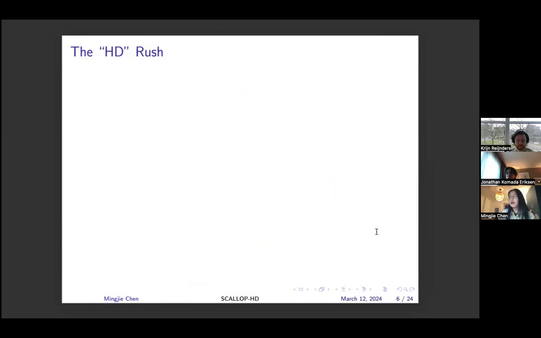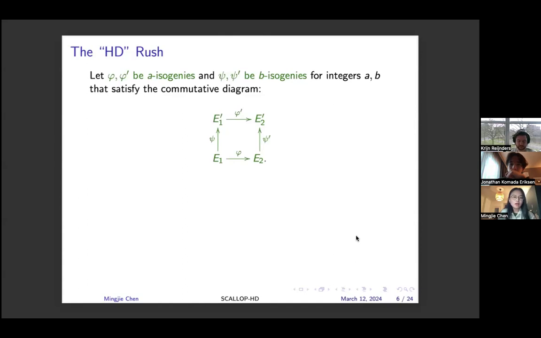Ever since the attacks on SIDH in the summer of 2022, the word HD, which stands for high dimension, is getting more and more popular in isogeny-based cryptography. It all starts with this lemma here.